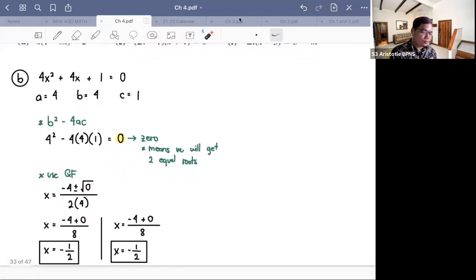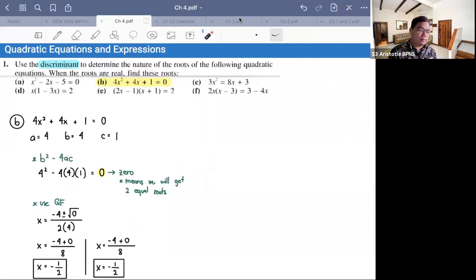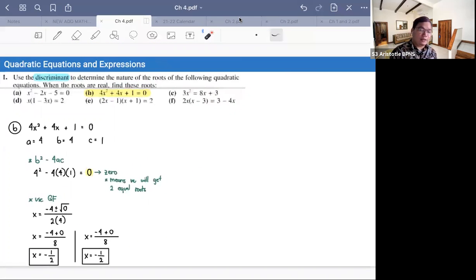And then separating the plus and the minus 0, we have negative 4 plus 0 over 8 gives you negative 1 half, and then negative 4 minus 0 divided by 8 is also negative 1 half. So that's our answer for letter B.